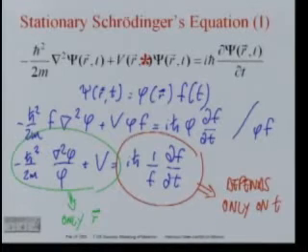Now, the only way such a relation can be satisfied, that a term depending only on position be equal to a term that depends only on time, is if each term is separately a constant. That's the only way a function of r can be equal to a function of t, basically because r and t are independent variables. There is no relation.